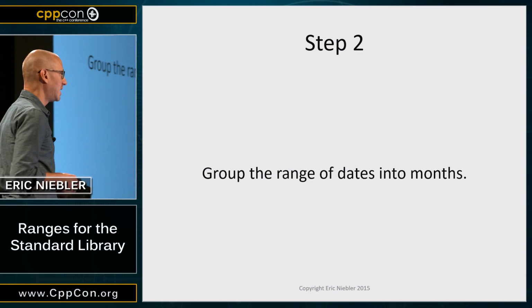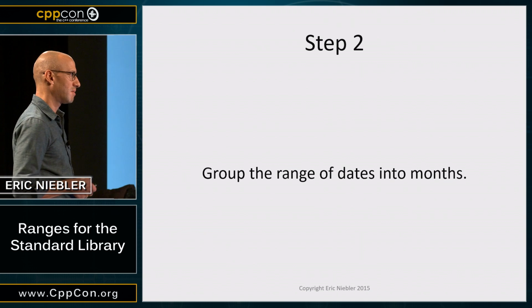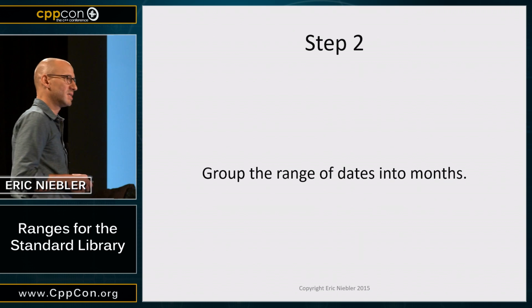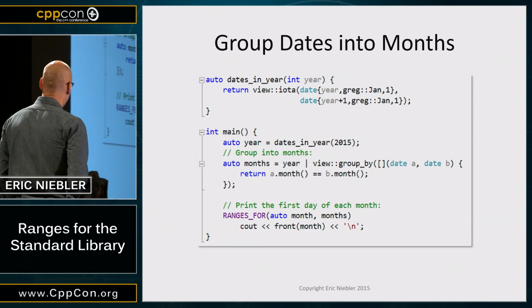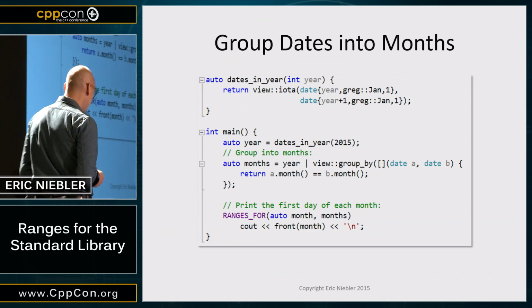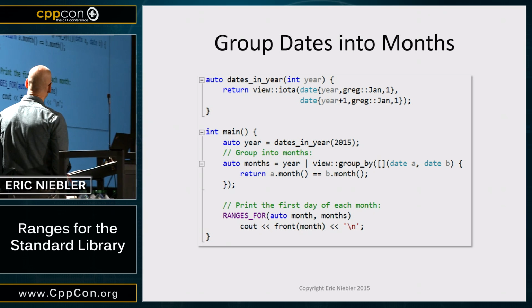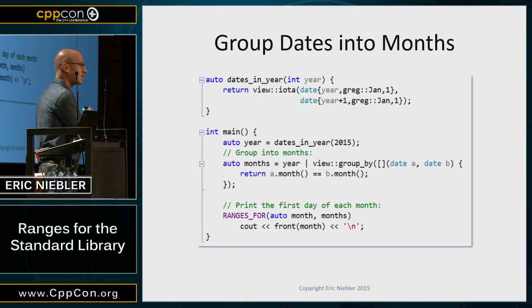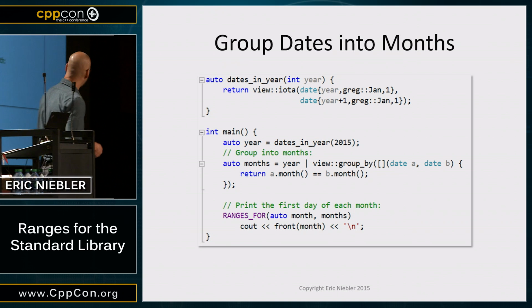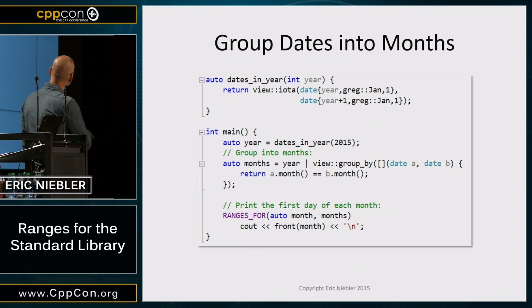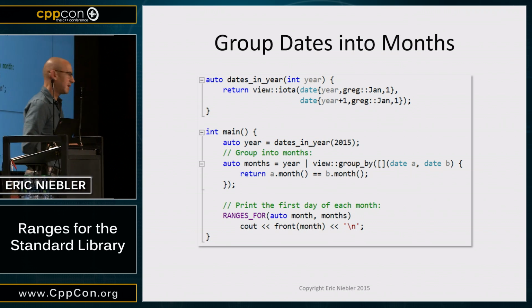Step 2, we've got a range of dates, all the dates in the year. Now we want to group those things into months. We're going to do that with something called view group by. So we have this function, dates in year, that returns a range of all the dates in a year. And we pass it to this thing called view group by.